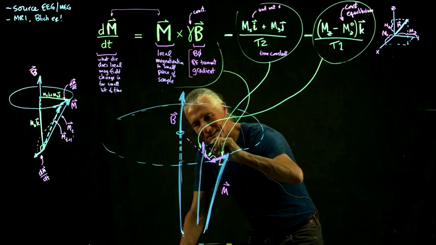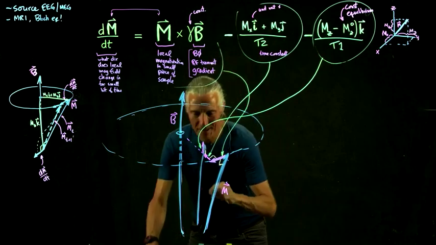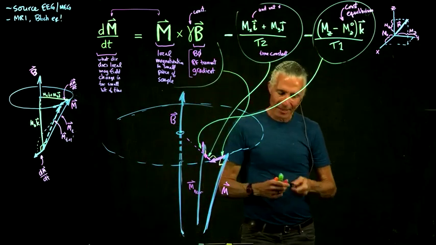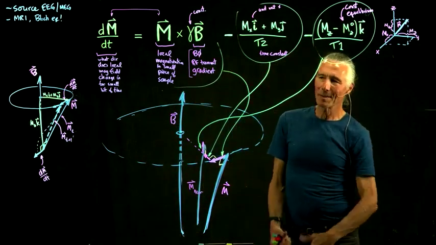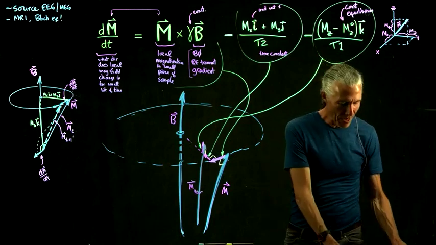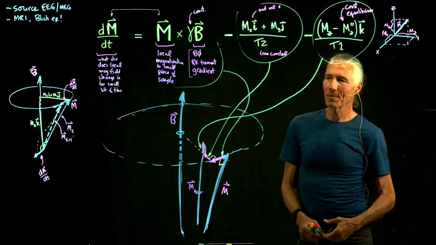There we go. So that's our new m vector. M new. So that's the Bloch equation. So there you have it. That pretty much explains everything about how the contrast in MRI works.